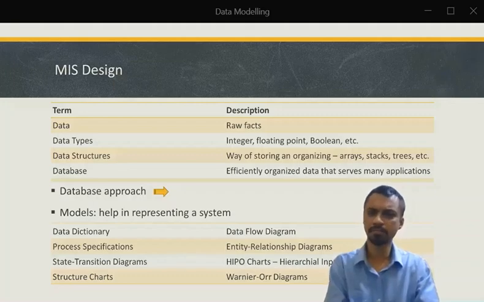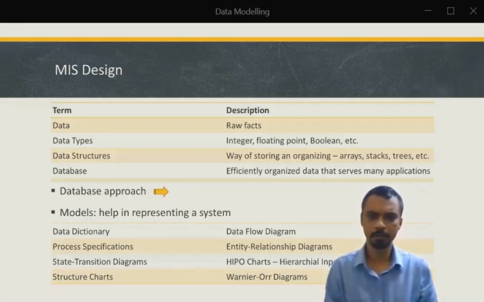There are many ways in which one can represent these models. I have listed some of them. Number one is the data dictionary, which we will look at in the next slide.